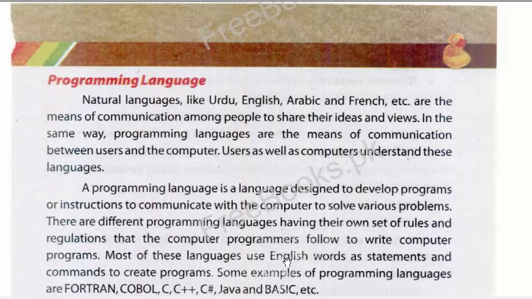A programming language is a language designed to develop programs or instructions to communicate with the computer to solve various problems. There are different programming languages having their own set of rules and regulations that computer programmers follow to write computer programs. Most of these languages use English words as statements and commands to create programs.